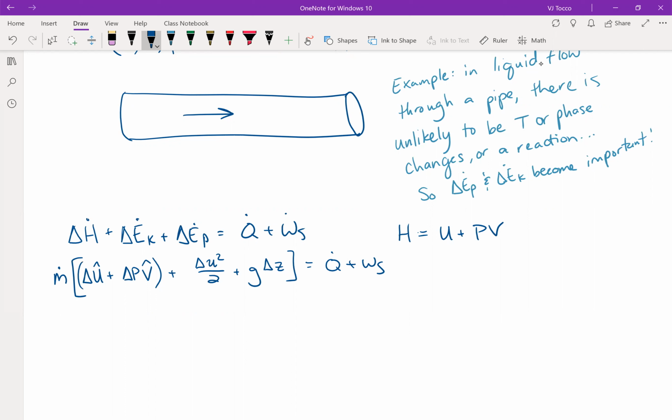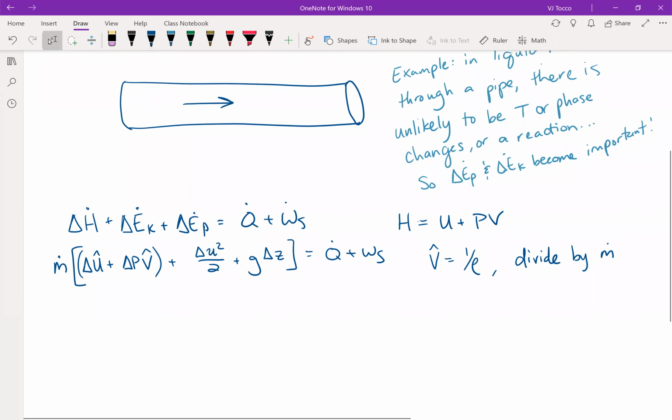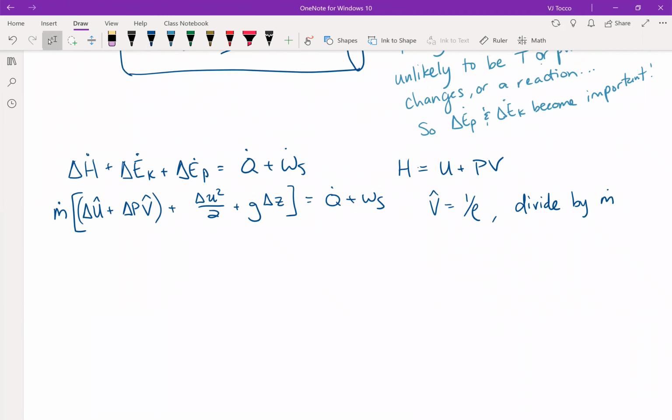I'll keep the right-hand side as Q plus shaft work for now. I'm going to make a couple other steps. So instead of specific volume, I can write that specific volume as the reciprocal of the density. And I can also, in this step, divide through by m dot. So let's make those two simplifications. This is the result from doing those operations.